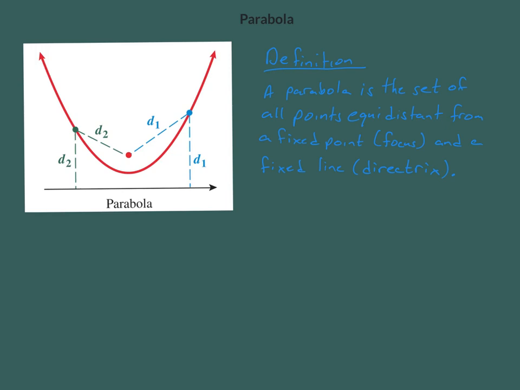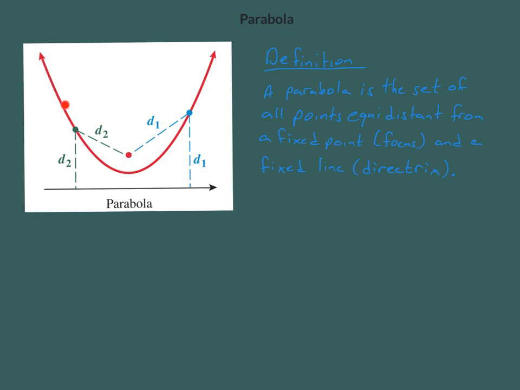The first conic that I want to formally define is a parabola. A parabola is the set of all points equidistant from a fixed point, which is called the focus, and a fixed line, the directrix. So in this picture, this line right down here would be the directrix. This point right here is the focus.